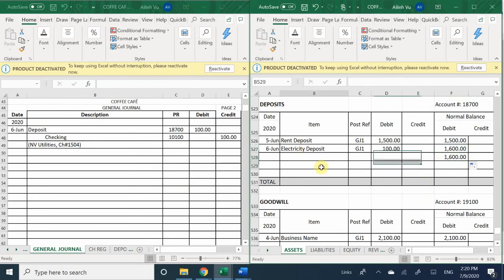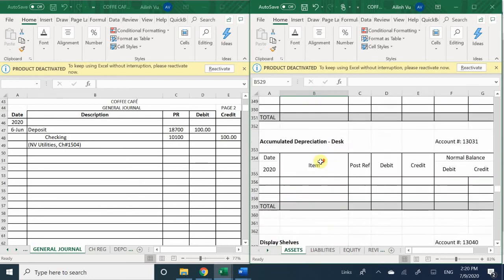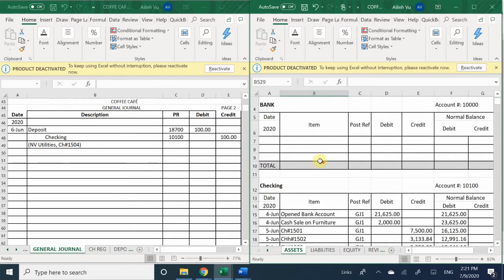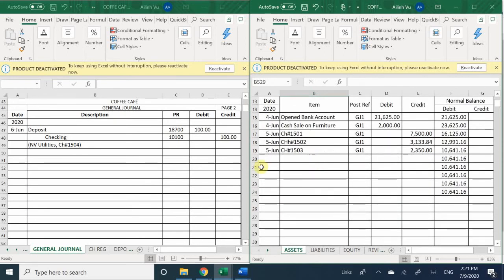Okay. So we know right now, since we started off with 1,500 from our rent deposit, and we added another $100, so we should have a total of 1,600 in my deposits. Then I'm going to scroll up all the way to my checking, and I'm going to enter in that I wrote a check for my electricity.